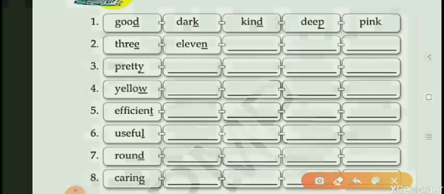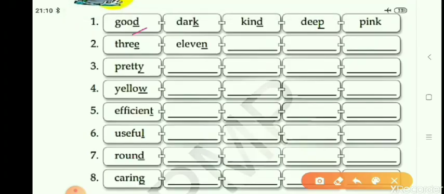As you can see, the last letter is D, and the first letter of the next word starts with D. Here the last letter is K, and the first letter of the next word starts with K. Again here the last letter is P, and the first letter of the next word is P. A chain means the last letter of every word is the first letter of the next word. Clear? That forms a chain.